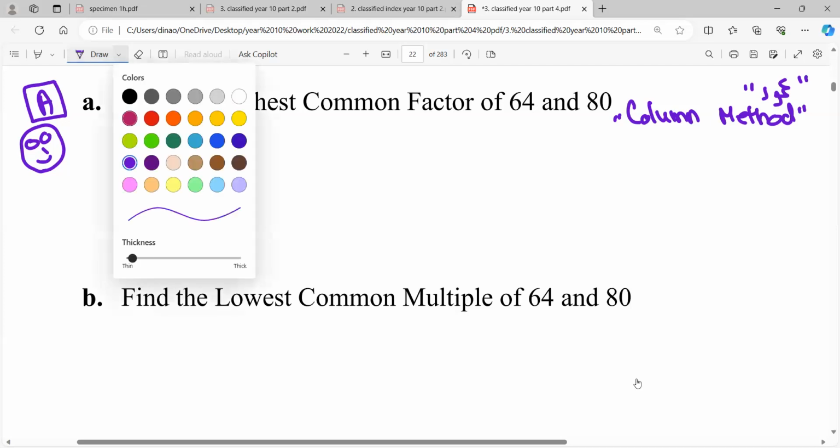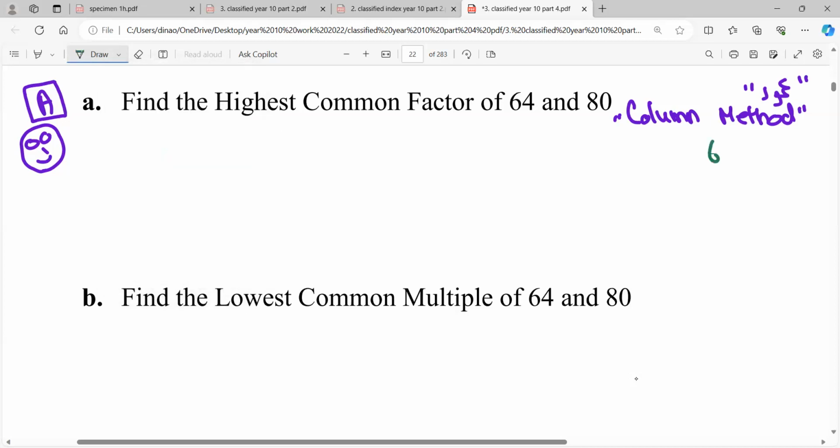Now, how do I use the column method to find the HCF of two numbers? Initially, I write the numbers given in the question separated by a comma, and then I draw my vertical line, which represents division.